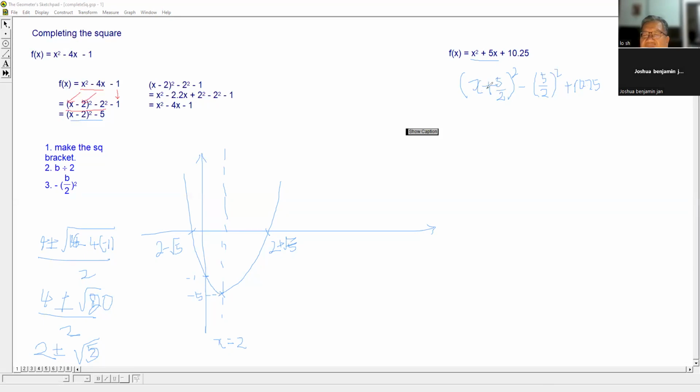Then look for the axis of symmetry. This is the U shape, so you look for the minimum point, right? So can you continue from here? You try. You continue from here, add up these two numbers, then you draw the graph, right?